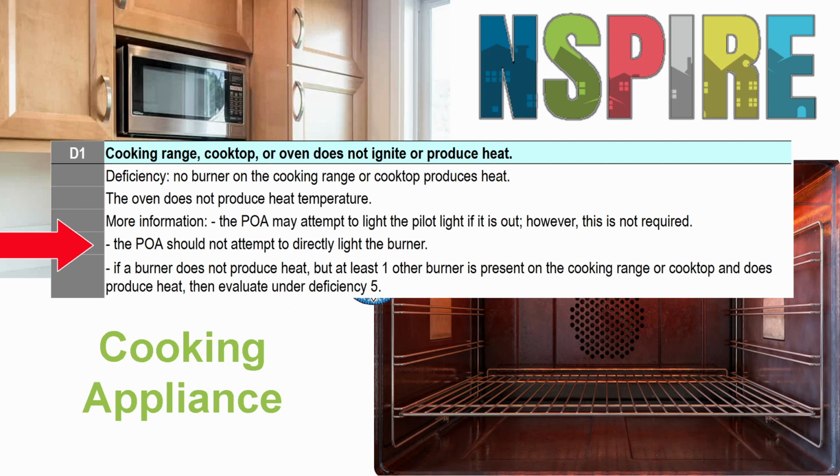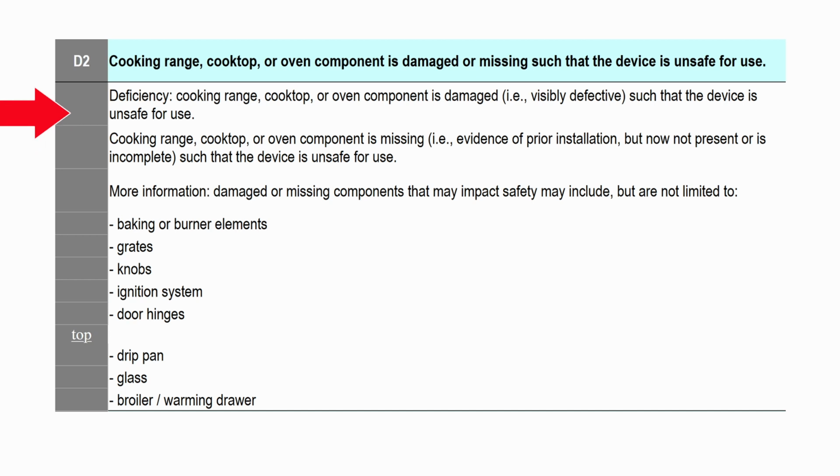However, this is not required. The POA should not attempt to directly light the burner. If a burner does not produce heat, but at least one other burner is present on the cooking range or cooktop that does produce heat, then evaluate this deficiency under Deficiency 5.